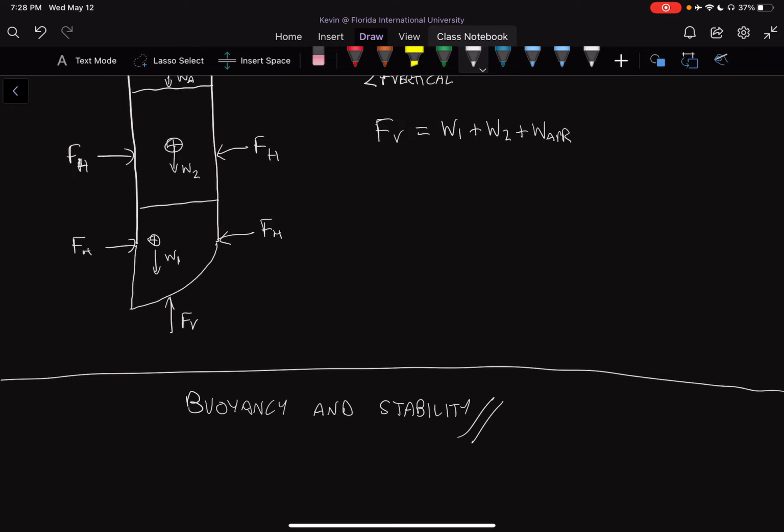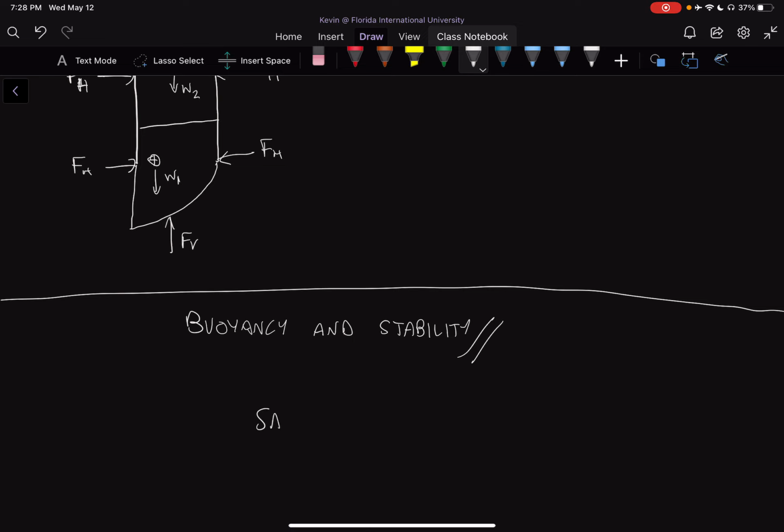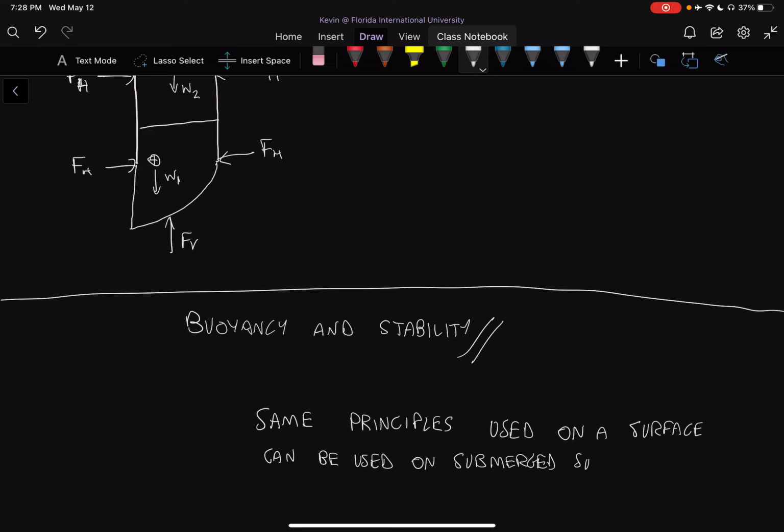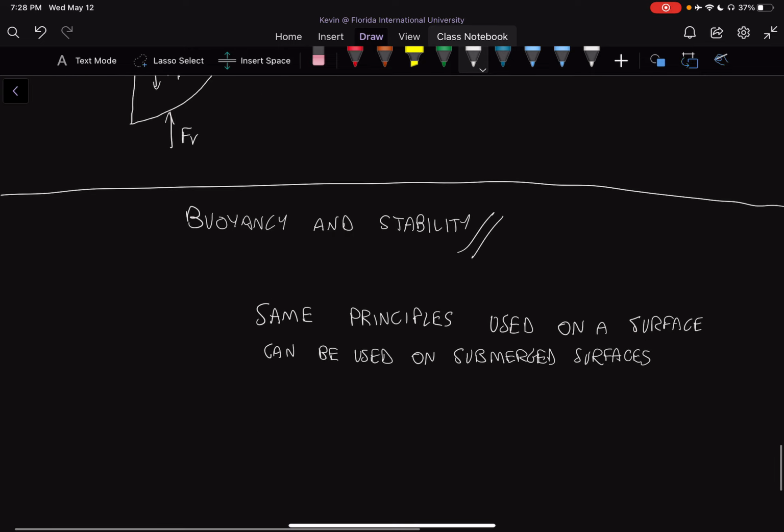So the first thing we can say is that the same principles used on a surface can be used on submerged surfaces, and on any floating bodies.